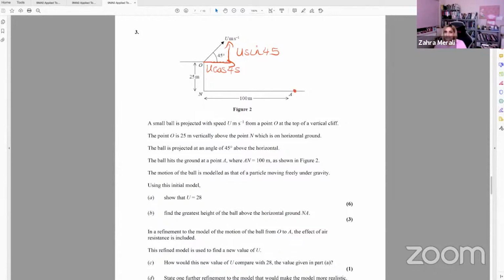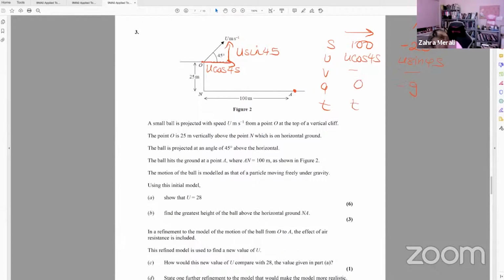So horizontally, it's moved 100, but let's put that in. So SUVAT, we know that's 100. If it starts here, this is minus 25 because we're starting at our O line and we're ending down there at point A. We've got u cos 45, u sine 45, 0, minus g, and we're not given a time.